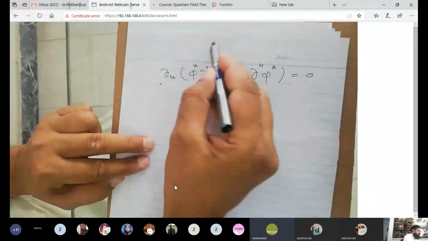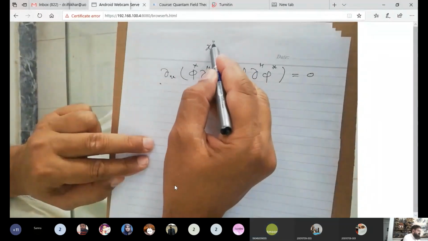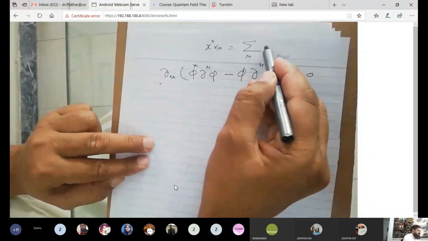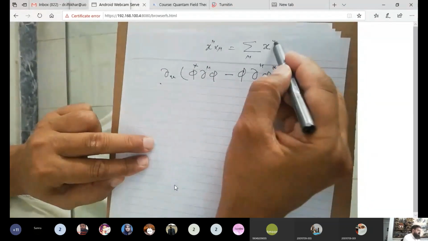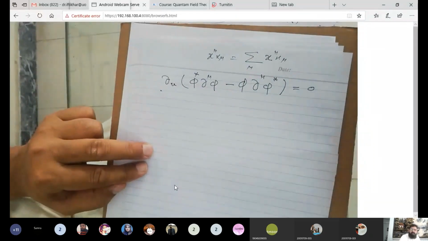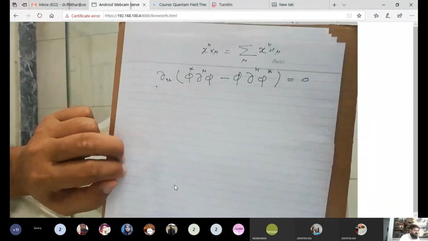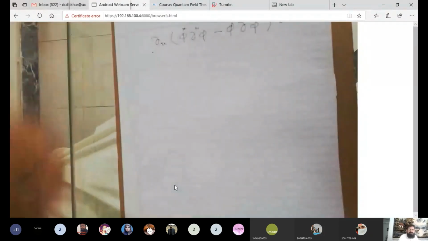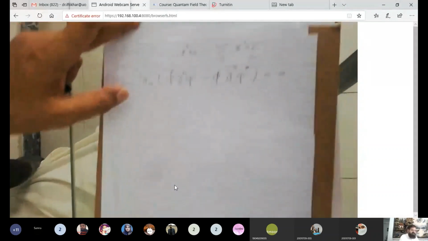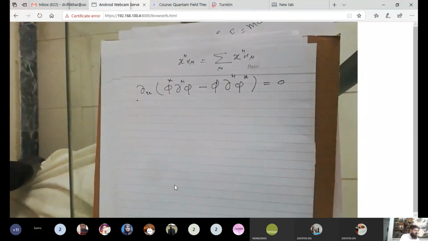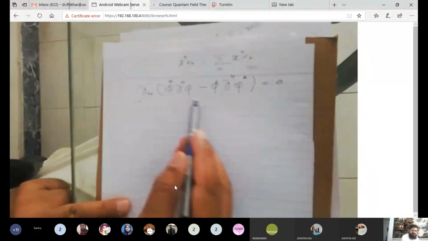If we write this into this, it means sigma over μ. When you get dummy indices, it means you get the summation convention, but you can forget this because we are using the summation convention here.